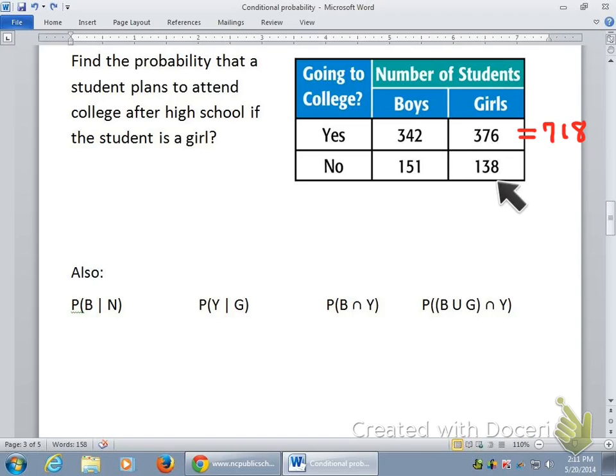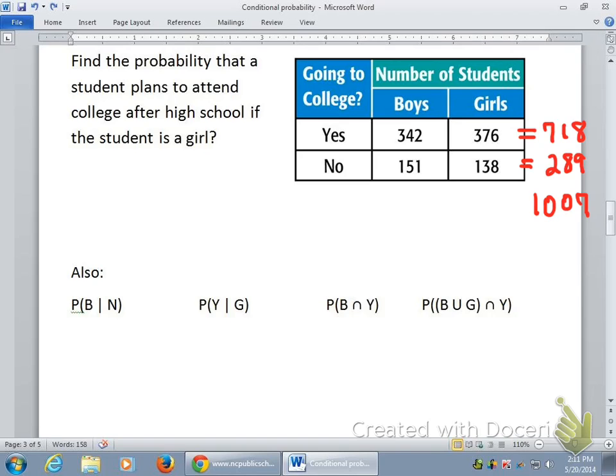How many are not going? 289. All right, I'll trust your math there. So that's pretty clear. Even though it was not written in the table, you know you can always add those up, right? By the way, if there's 718 going and 289 not going, how many are there total? Should be 1,007, right?